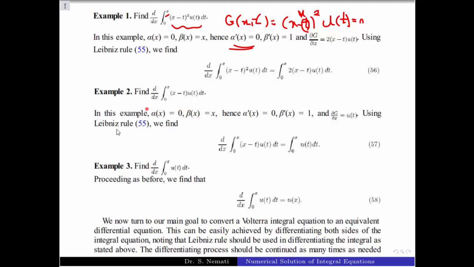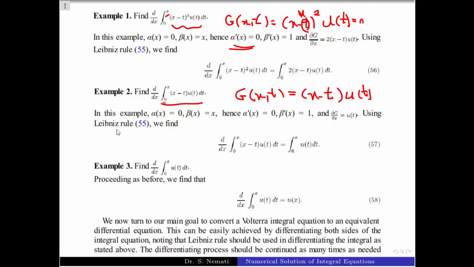As the second example, we want to find the derivative of this integral. Once again, you can see that the function g of x and t is given by x minus t times u of t.